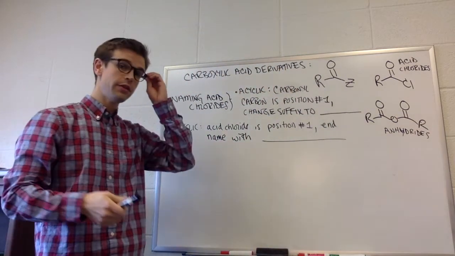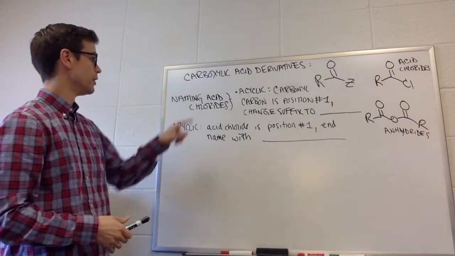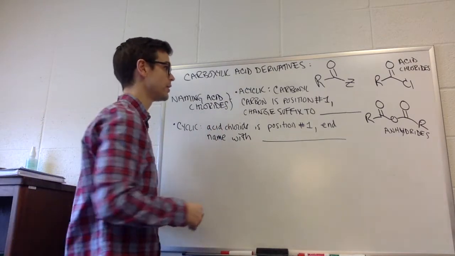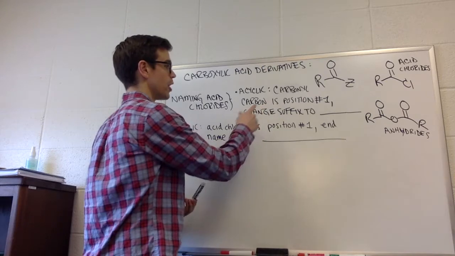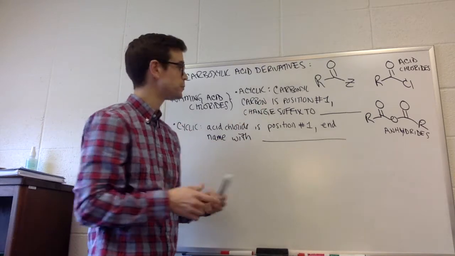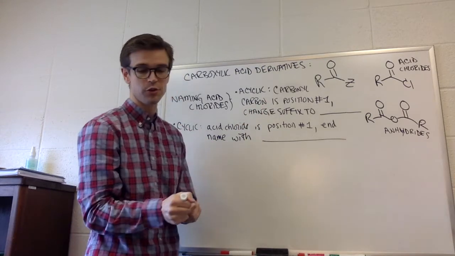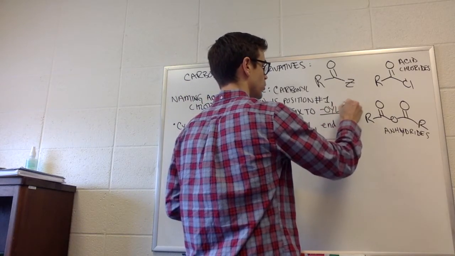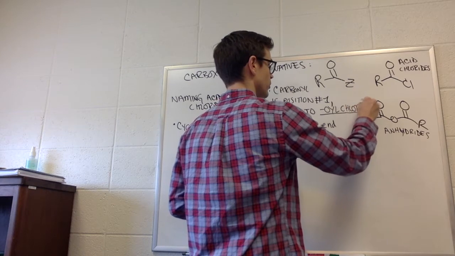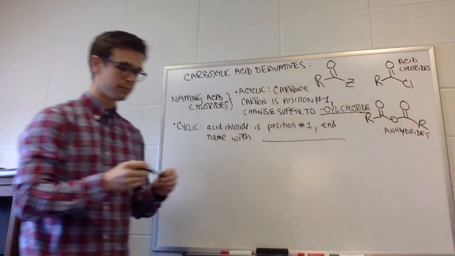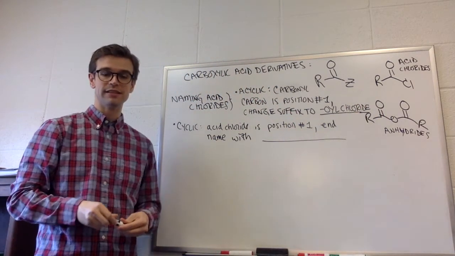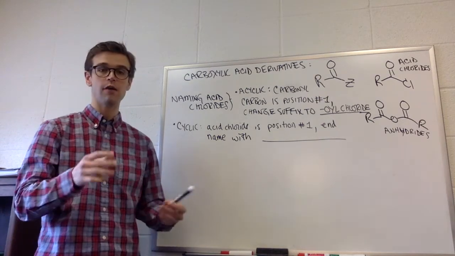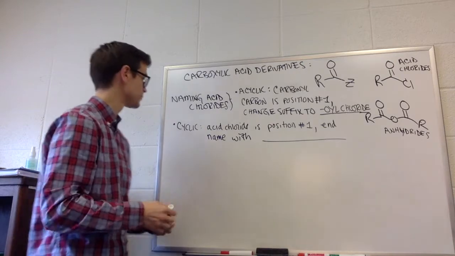So, this video is really going to be focused on acid chlorides. With acyclic acid chlorides, we number the carbonyl carbon as position number 1, and then we change the suffix to oyl chloride. Basically that's the exact same thing as carboxylic acids, but instead of oic acid, it's oyl chloride.